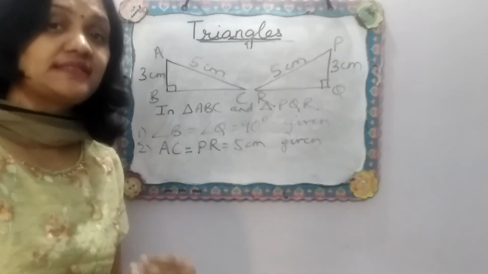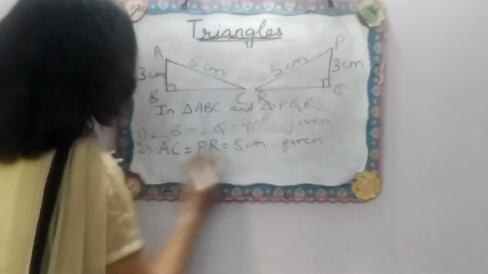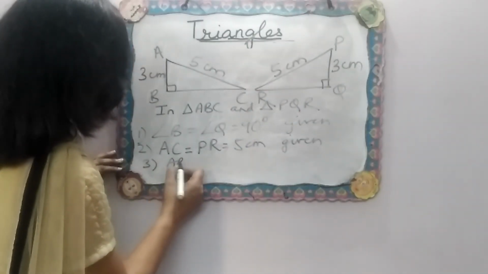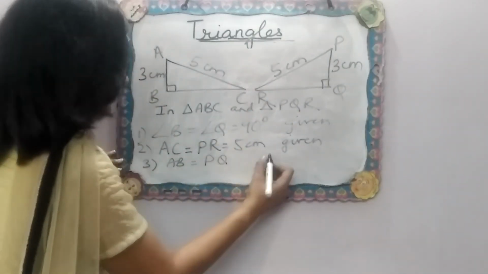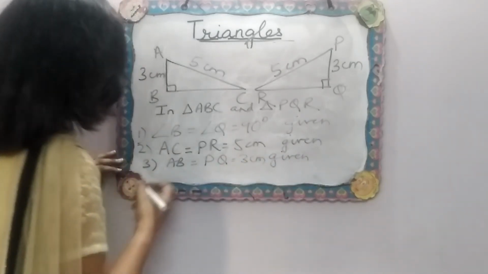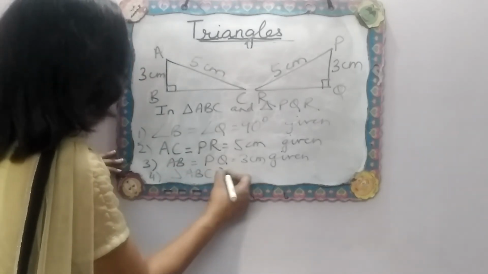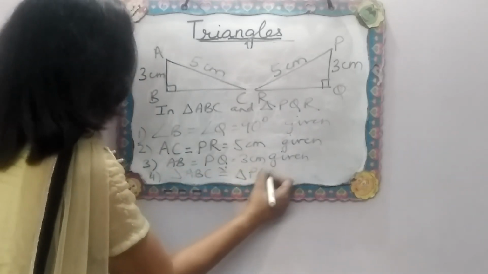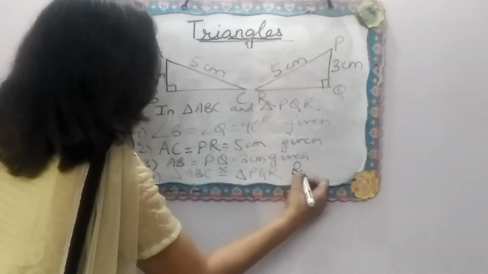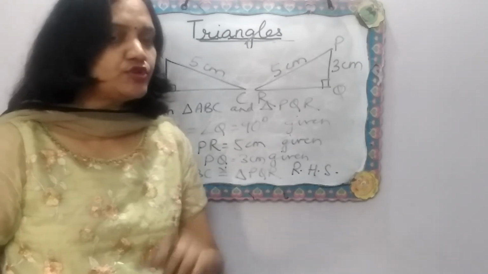Now I need to say that another side is also equal. So AB is equal to PQ, which is equal to 3 centimeter. So we can say that triangle ABC is congruent to triangle PQR by RHS property. I hope this is clear to you.